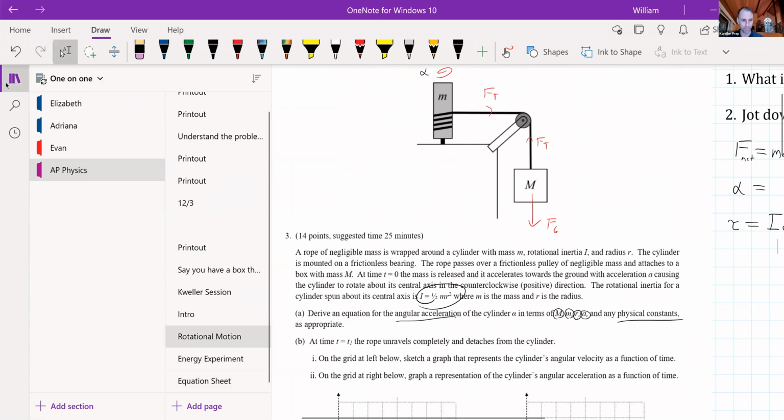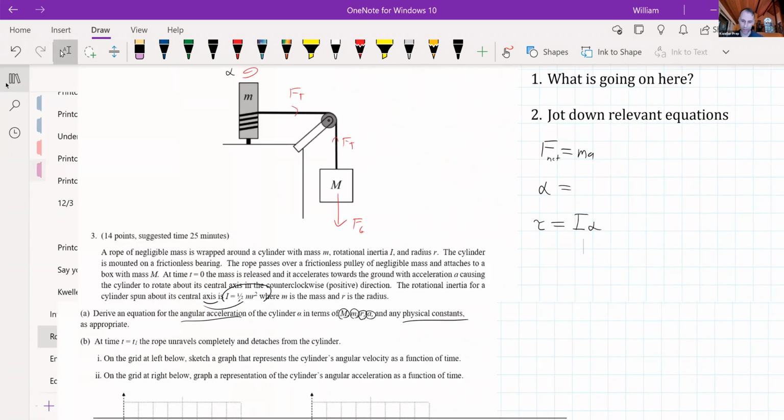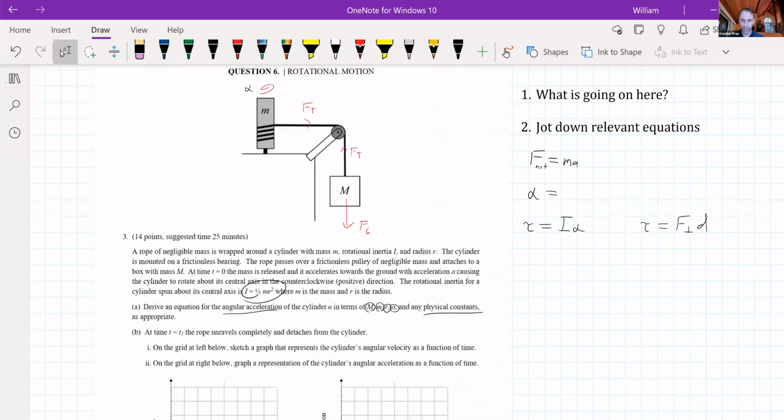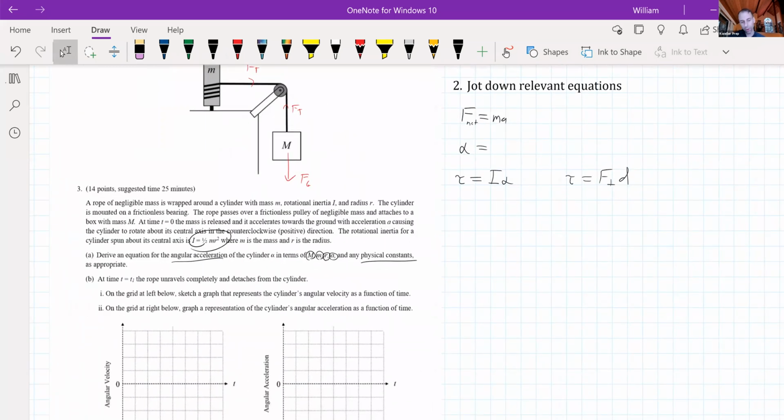All right, in any event, back to this. You have two equations here. Torque is equal to I alpha, and torque is also equal to the perpendicular component of a force applied to an object, times the distance over which it acts. Okay. Now, our goal is to derive an equation for alpha.